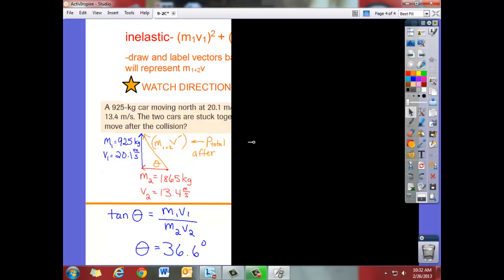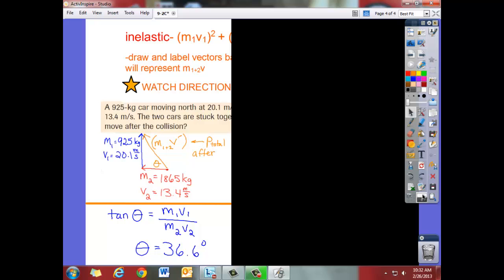That represents the total momentum after. To find the angle, keep in mind I'm in the second quadrant, I just take the tangent, opposite over adjacent for tangent, M1V1 over M2V2, and I get 36.6 degrees.